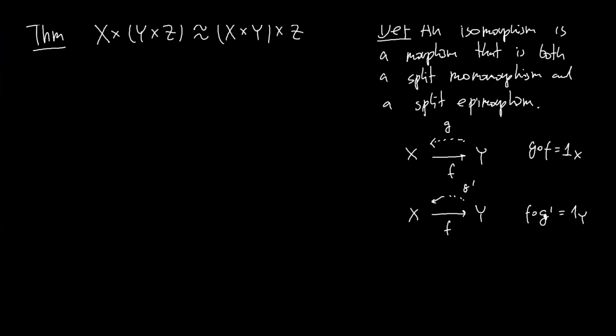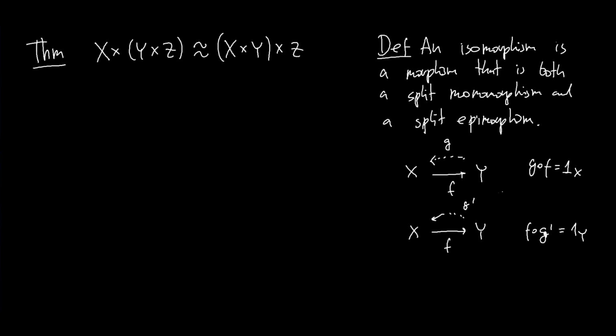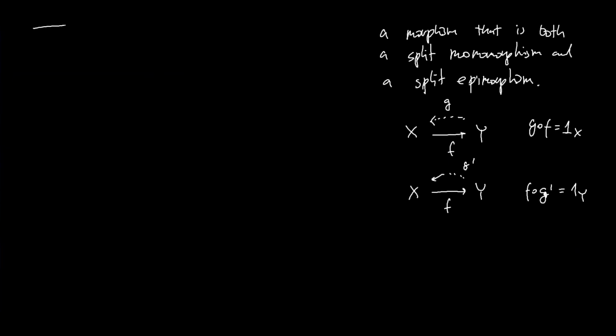And so putting these two conditions together, we get that F has both kinds of inverses, this kind of inverse and that kind of inverse. It then turns out that in fact, G and G prime will equal each other. Why will it turn out so? You can compose both sides of this equality by G prime.